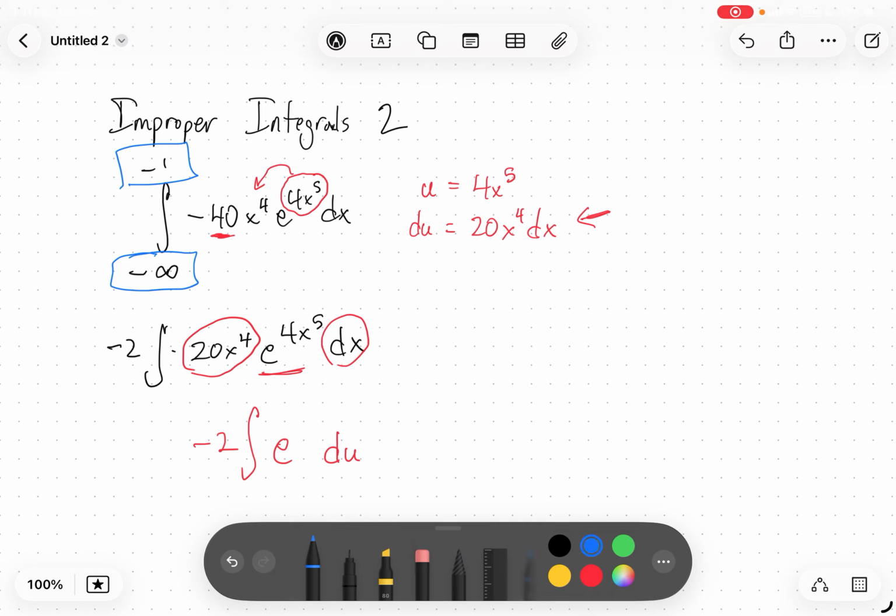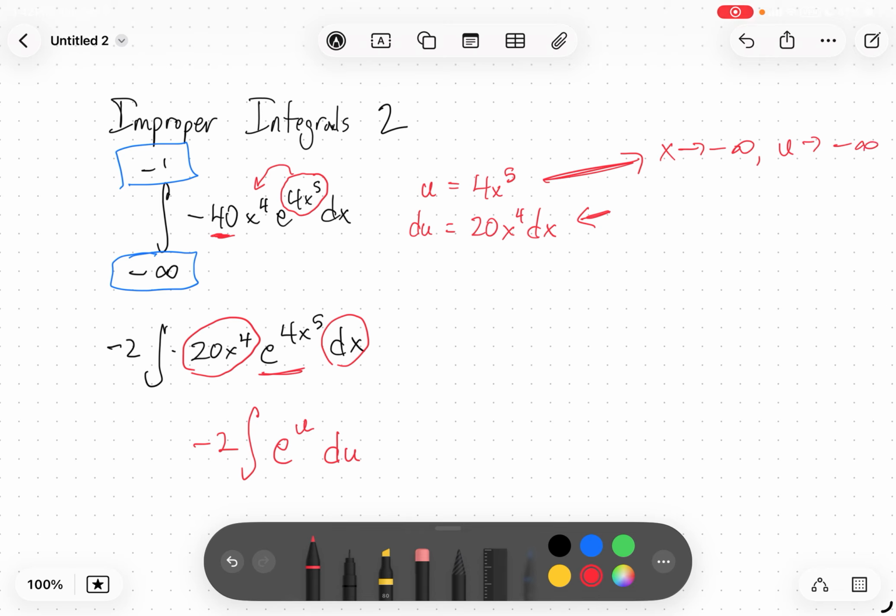Over here, I'm going to change the limits from x limits to u limits. So when x is approaching negative infinity, what's happening with u? It should be clear that when x is approaching negative infinity, u is approaching negative infinity even faster.